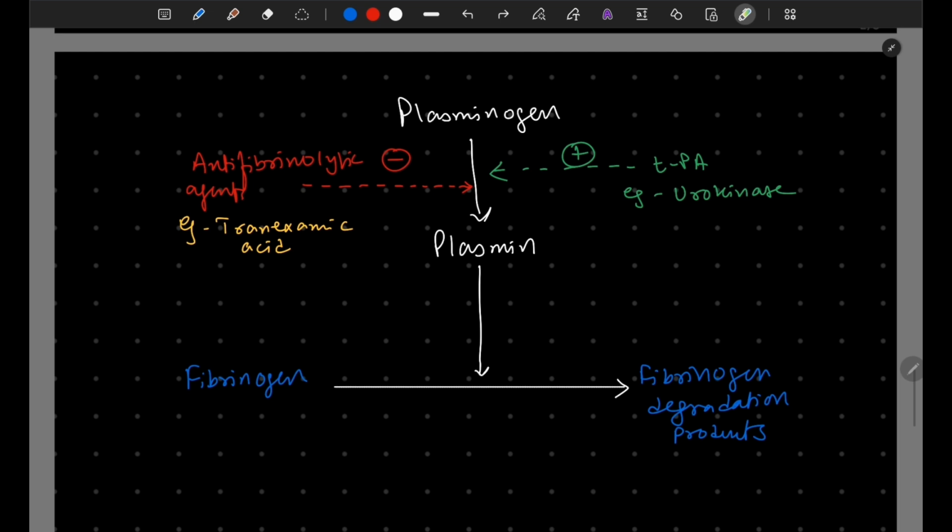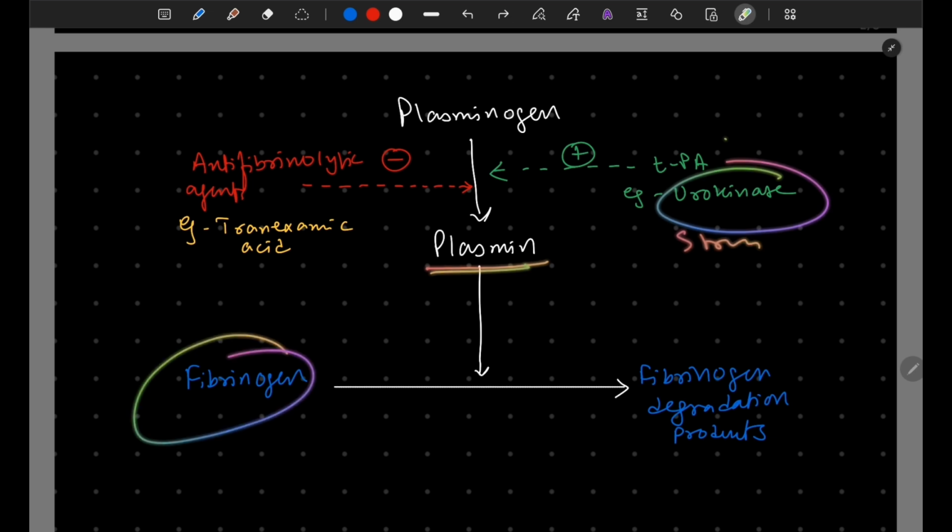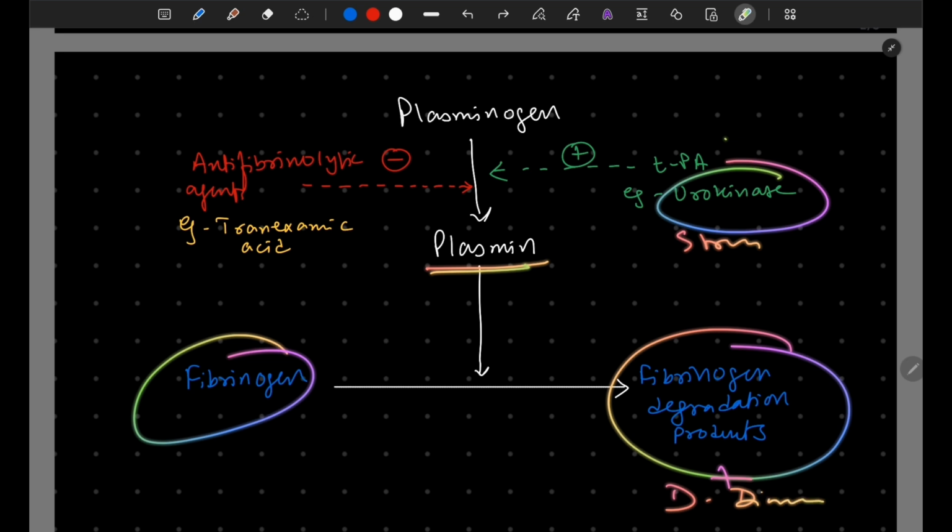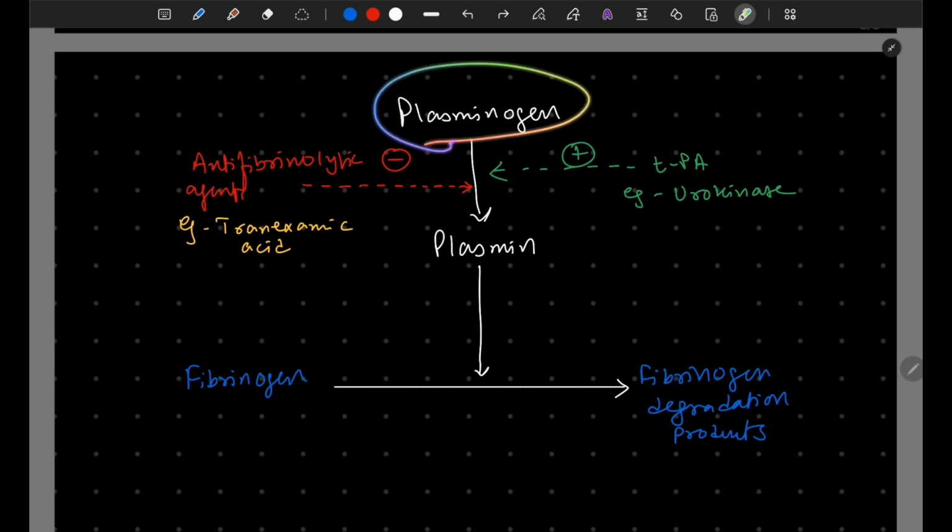Here we will see a gist of what we have just talked about. The plasminogen, which is converted into plasmin after activation by urokinase or streptokinase, leads to conversion of fibrinogen to fibrinogen degradation products along with D-dimer. This plasminogen conversion into plasmin can be inhibited by antifibrinolytic agents.